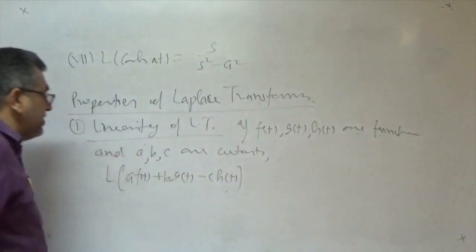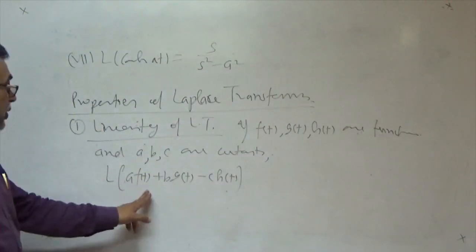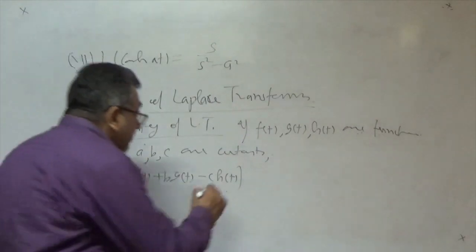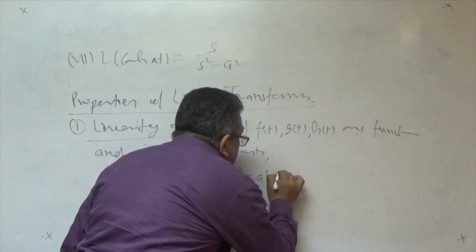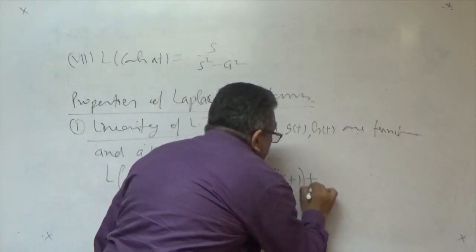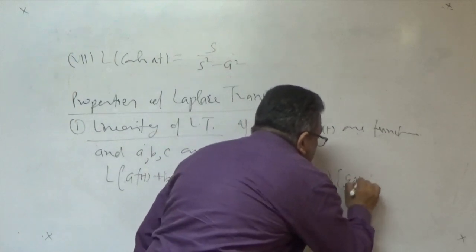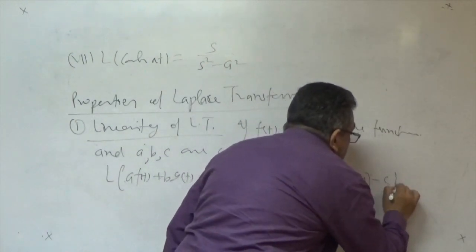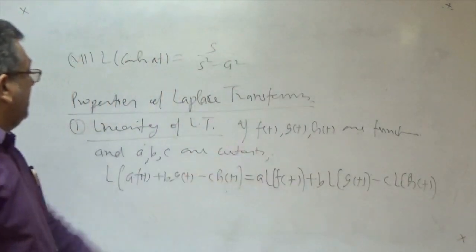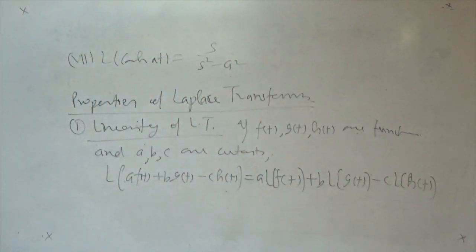If we take such type of a linear combination, then we can take it as a times Laplace transform of f(t), plus b times Laplace transform of g(t), minus c times Laplace transform of h(t). This is the statement of the linearity of Laplace transform, right?